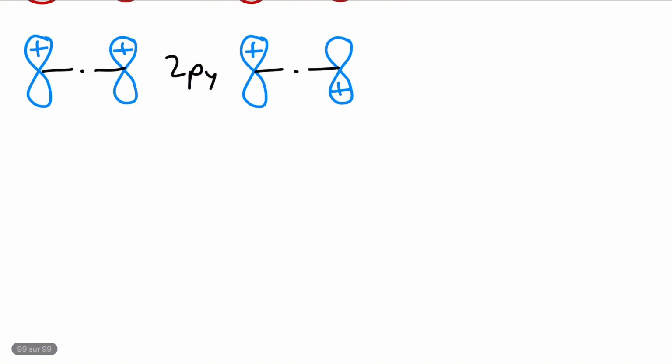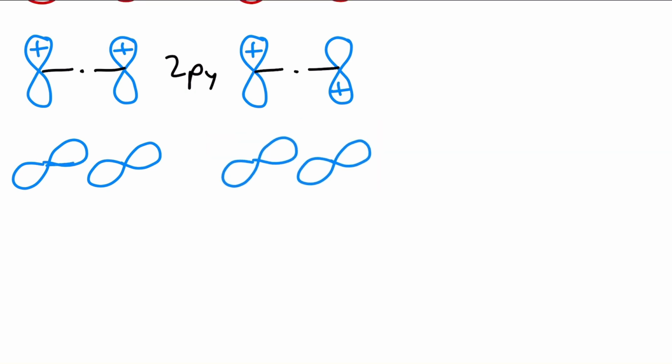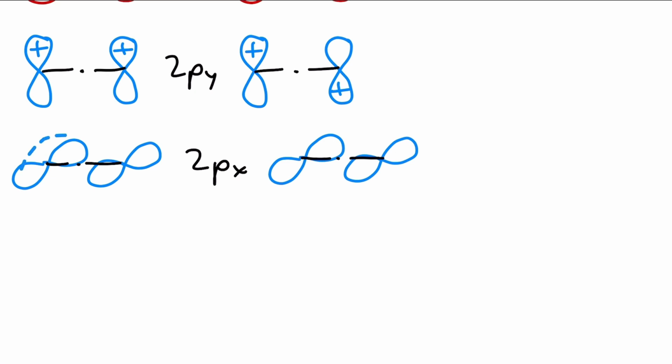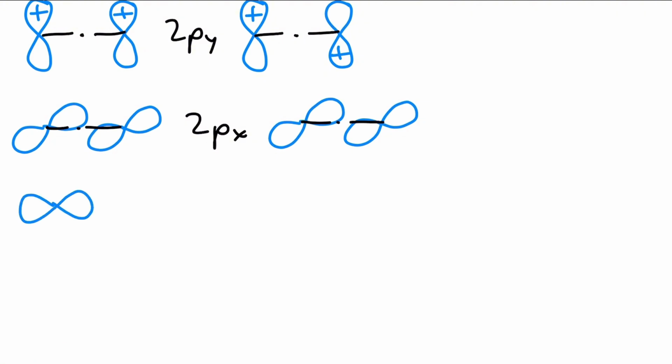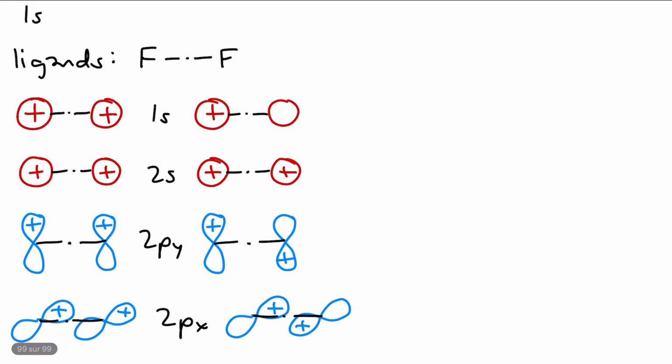Then we're also gonna have the px, the 2px's, we're also gonna have the pz's. Forgot to draw the phases. Two pz.